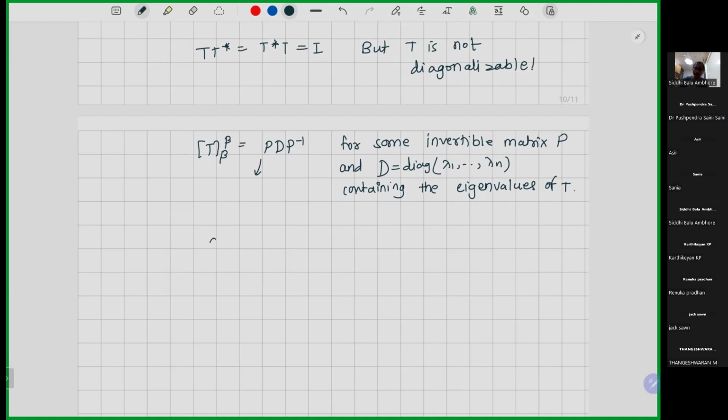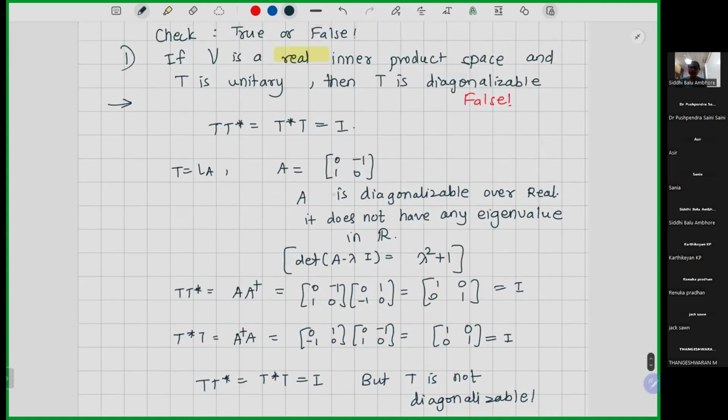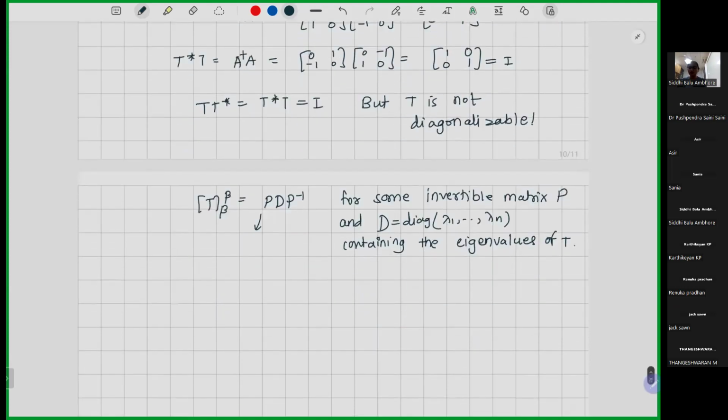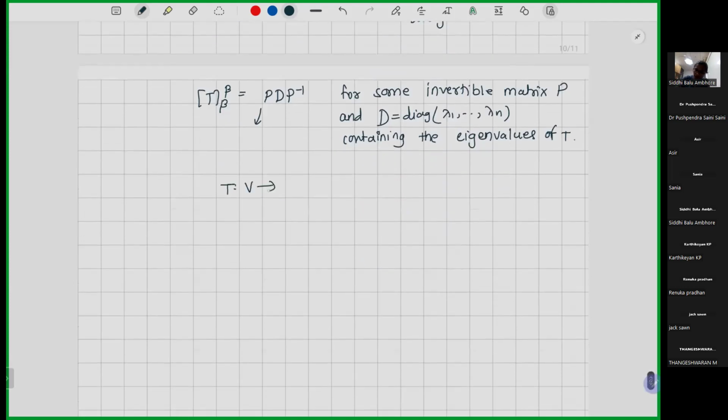Apart from that, first it should have n eigenvalues. For example, this linear transformation does not have eigenvalues in real. So if it does not have eigenvalues in the given field, it is not diagonalizable. Secondly, if T is from V to V and the dimension of V is n, then if T has n eigenvalues, need not be distinct. If all of them are distinct, then it is definitely diagonalizable.